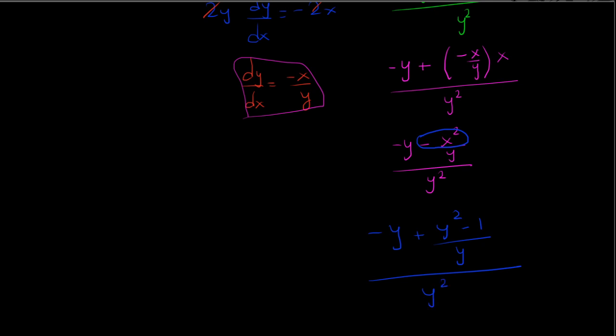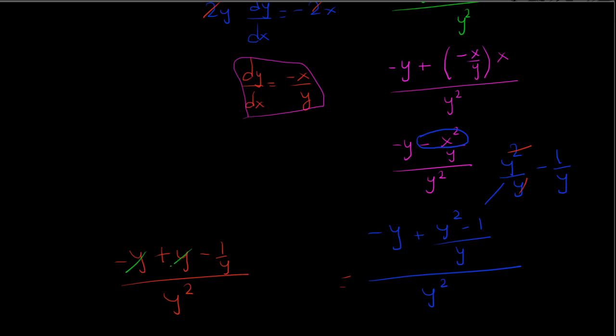So I can break up the y squared minus 1 over y into two fractions. You can think of it like y squared over y, and then minus 1 over y. So the y squared over y would just be y. Okay, so we can rewrite this as negative y plus y minus 1 over y, all over y squared.